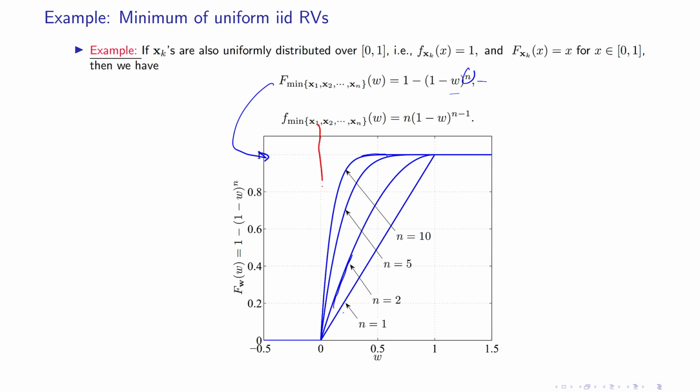If n is equal to 2, you see that your CDF is pushed toward this one. This is n equal to 5, pushed further, and this is n equal to 10. As n goes to infinity, your distribution becomes just a unit step, because for the minimum of infinitely many numbers between 0 and 1 that are uniformly distributed, one of them will be close enough to 0.